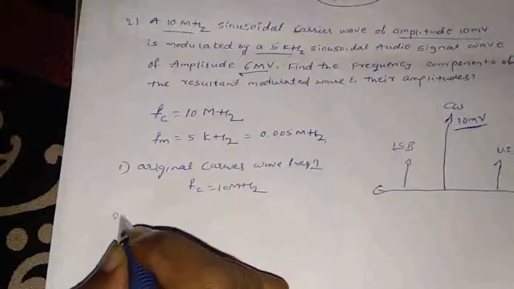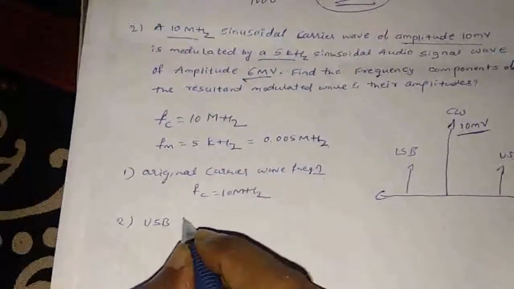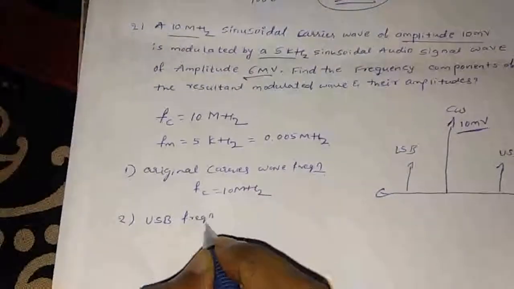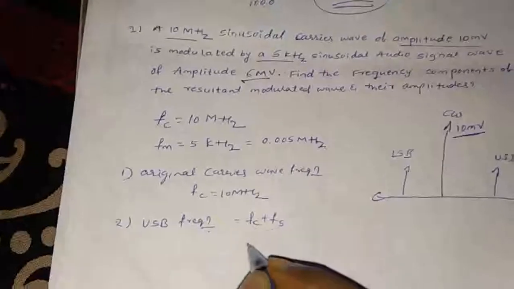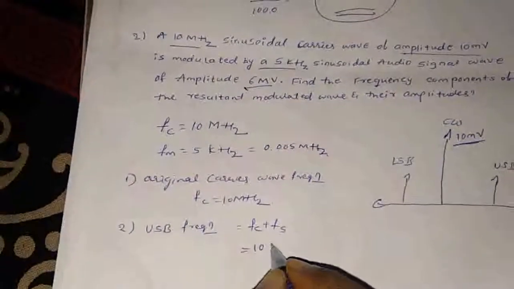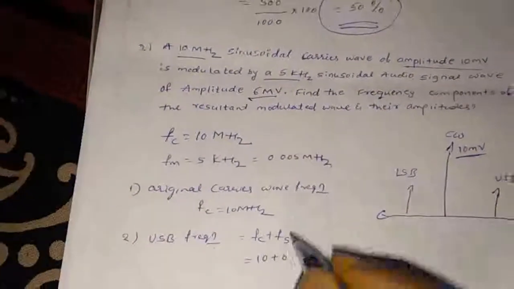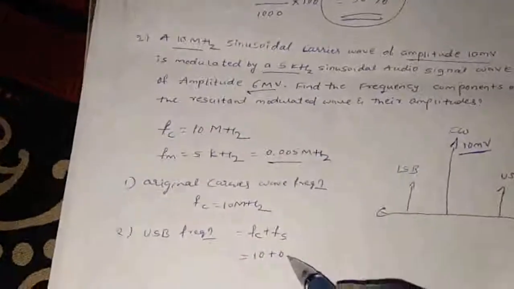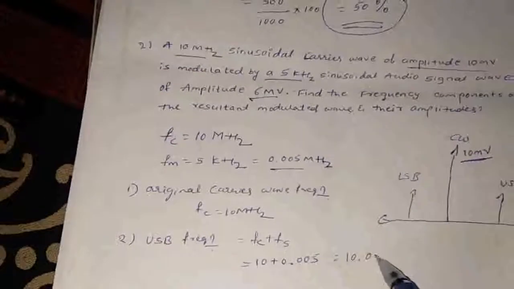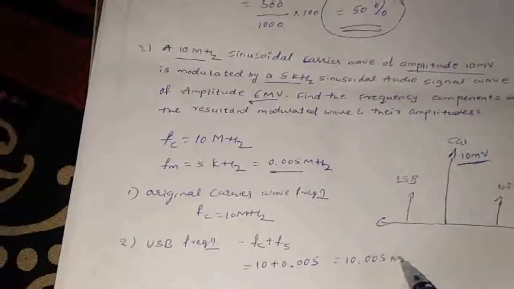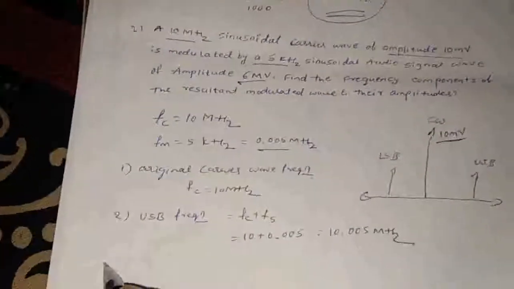Okay, and second one, USB frequency. USB frequency means fc plus fs. fc is 10, plus fs, that is fm, 0.005. We get 10.005 megahertz.